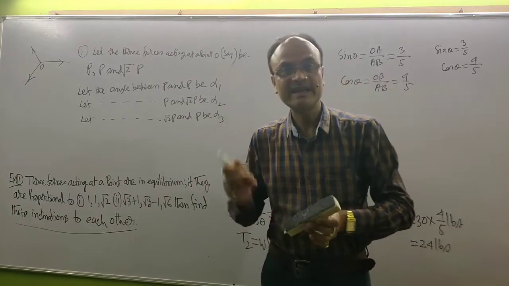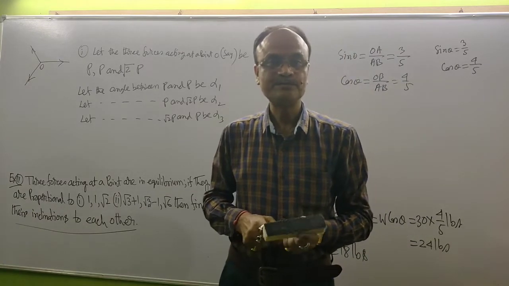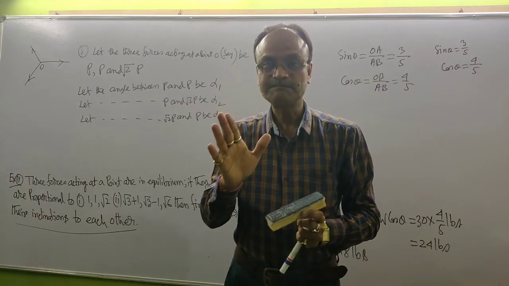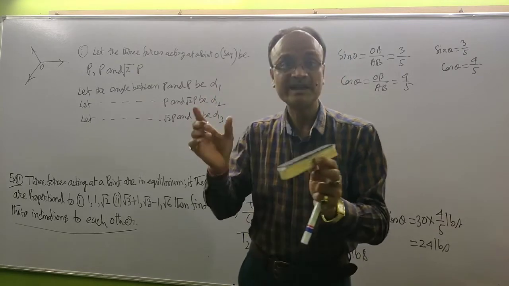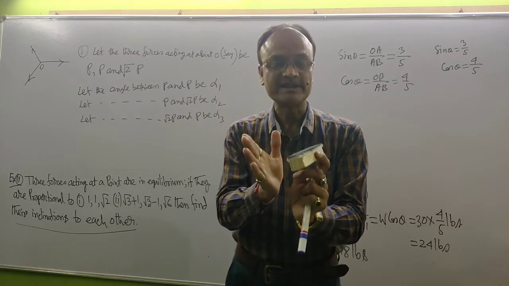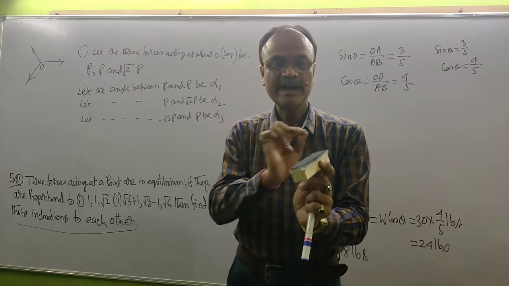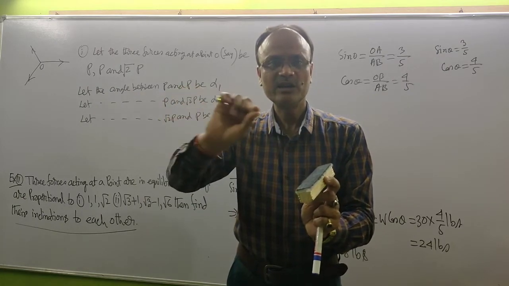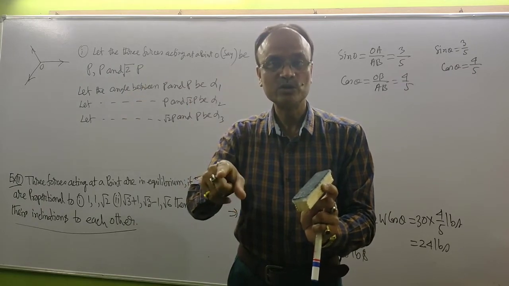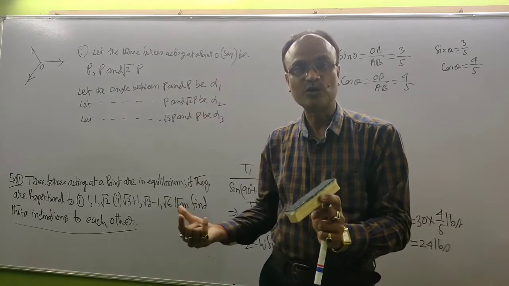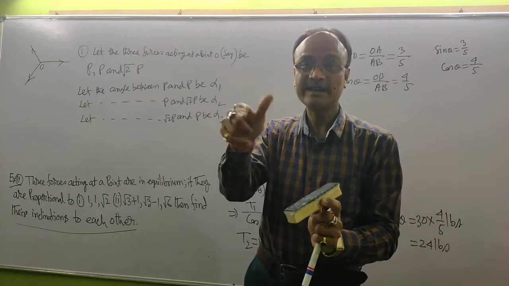Three forces acting at a point are in equilibrium. This means that the magnitude of the resultant of two forces acting in one direction should be equal to the magnitude of the third force acting in the opposite direction.